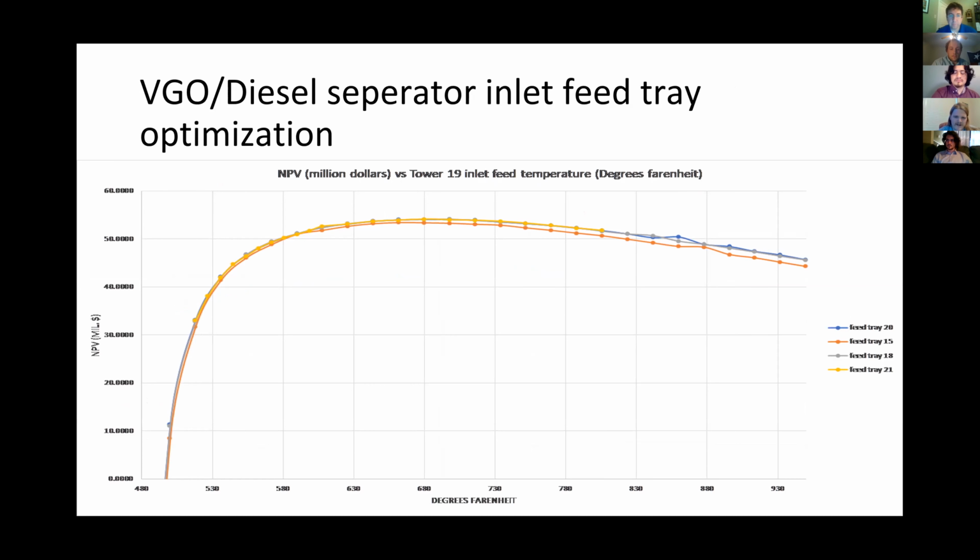So we decided to couple that with our inlet feed temperature. And as you can see, the effect that the feed temperature is having is much larger than the effect of changing the inlet feed tray.